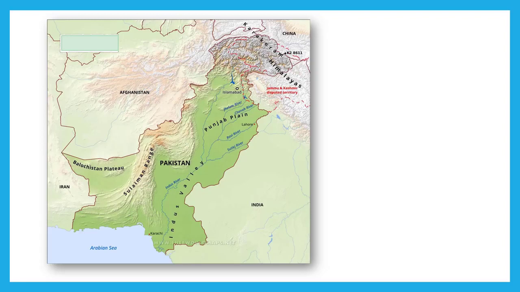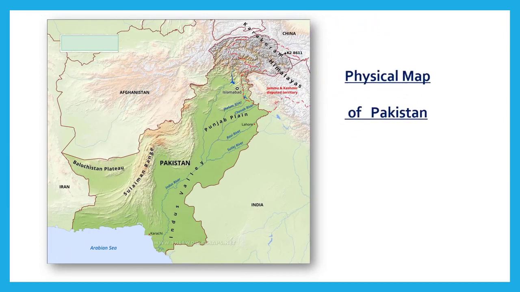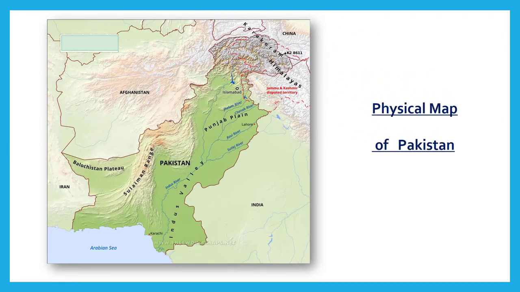It's the political map of Pakistan. Students, am I right? What do you say? A big no. Great. It's a physical map of Pakistan. Right. I am happy you all are with me.